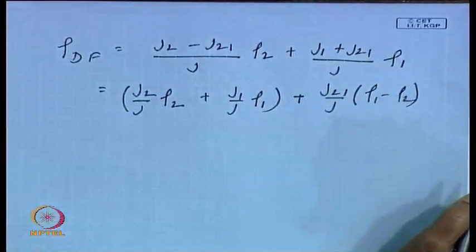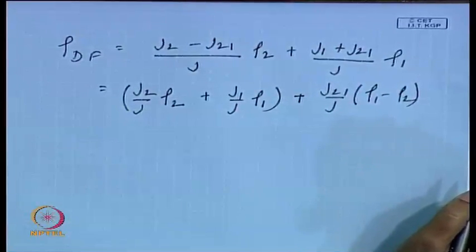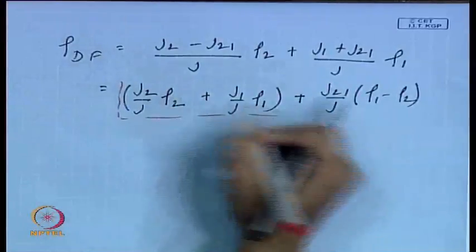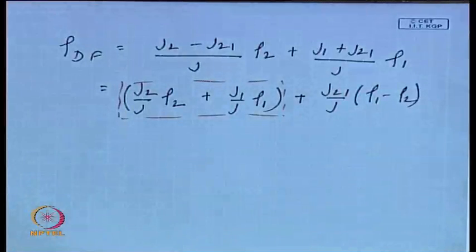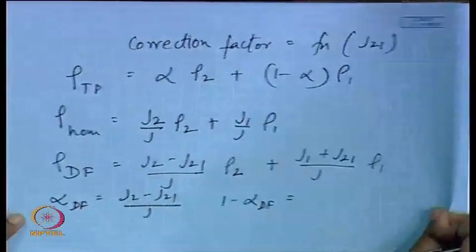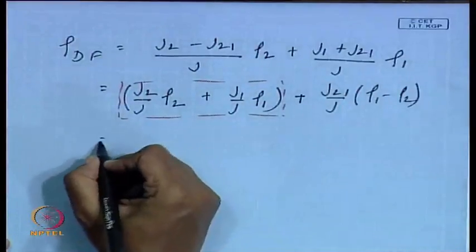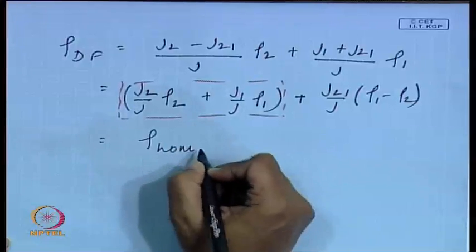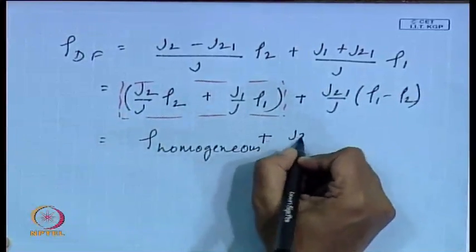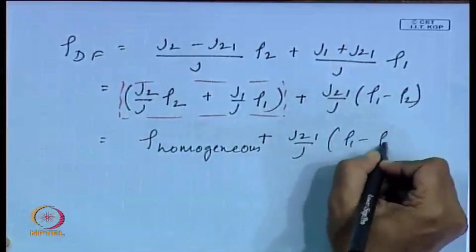Yes or no? Yes. Now, what is this particular term, can you tell me? This is rho for the homogeneous case, is not it? I had already written down rho for the homogeneous case. So, we find that this is nothing but rho homogeneous plus J21 by j into rho 1 minus rho 2.